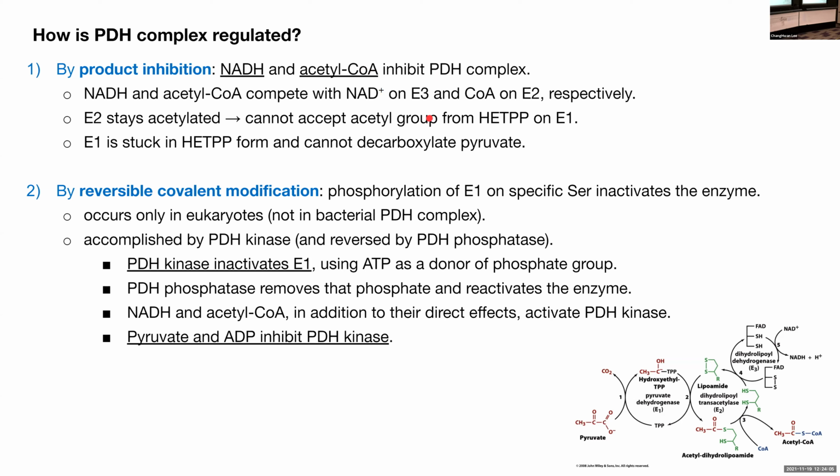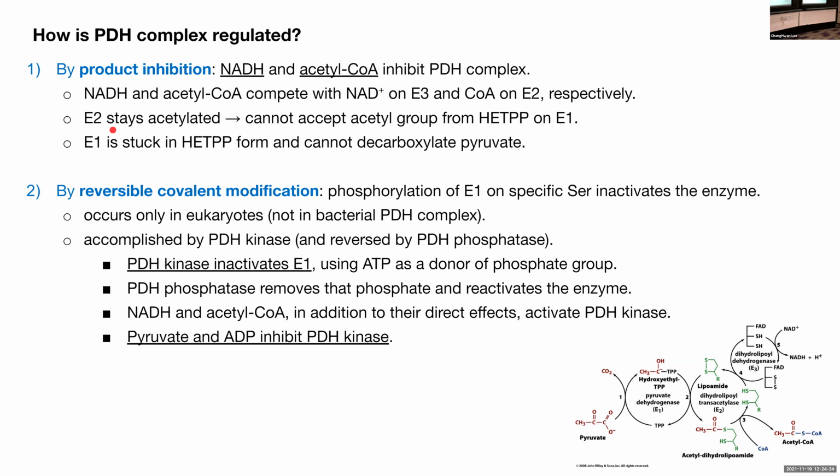And they can allosterically inhibit the PDH complex, which makes sense because it basically works as a negative feedback loop. So NADH competes with the NAD plus on E3 on the PDH complex, and acetyl-CoA competes with coenzyme A on E2 on this complex, respectively.